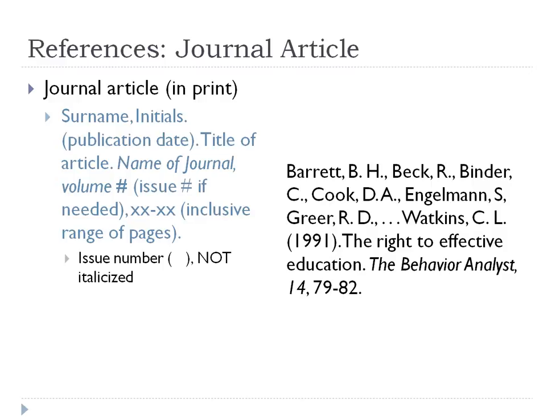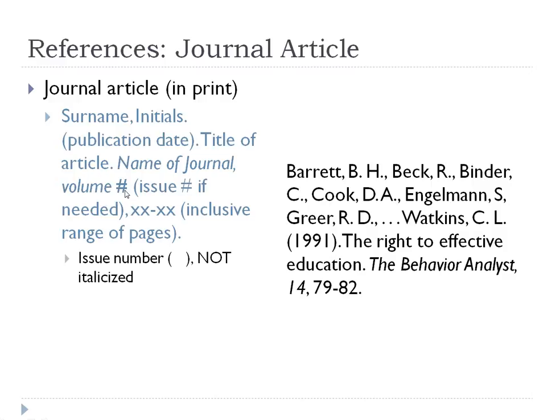Now, what we most commonly are using is journal articles. So if we have a journal article in print, again, we're going to go with our surname and initials, the publication date, the title of the article, the name of the journal and volume number.